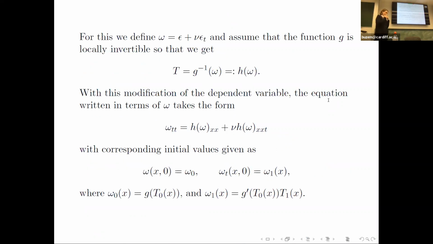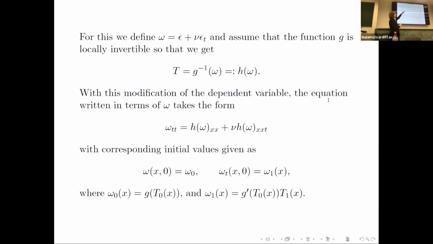So what we did was, as I said, the variable in the equation is the stress. We wanted to change it in order to get rid of the nonlinearity on the inertia term. In order to do that, we make the change of variables. Omega is the strain plus the strain rate for us. So omega will be the thing that we want to be bounded as stress goes to infinity, right? By doing that change of variables, you can invert, assuming that the nonlinearity is invertible, which seems to be a very restrictive assumption, but it's not, at least in some regions. So it's okay, but not globally.